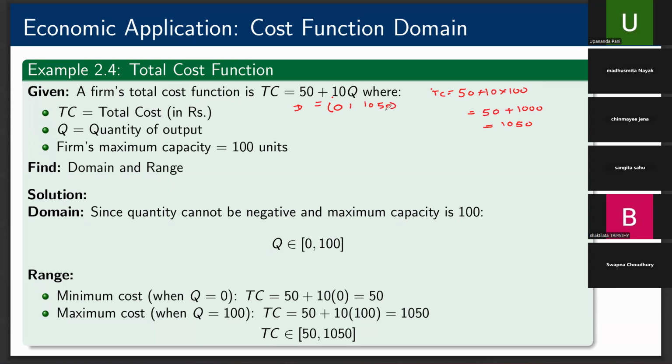This is my domain. Sorry, this is my range, not domain. This is the range of the function, because the possible values TC can take are from 0 to 1050. So what is the domain equal to? 0 up to how much? Maximum capacity equal to 100. This is my domain, 0 to 100, and range is 0 to 1050.